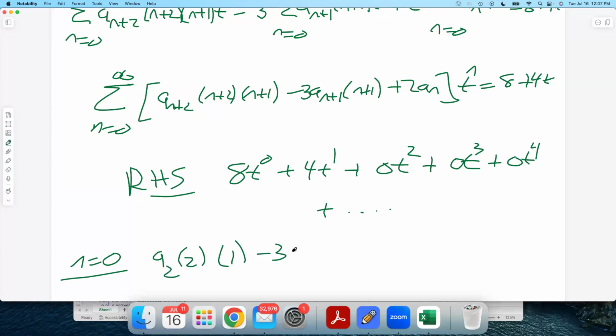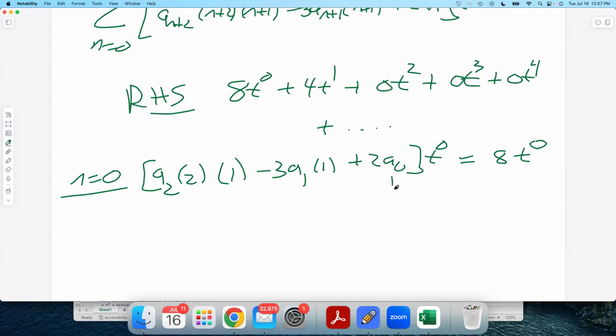There are not going to be any a's with higher indices anywhere here. I'm plugging in 0 for all the n's. That's all times t to the 0, and that's supposed to equal 8t to the 0.